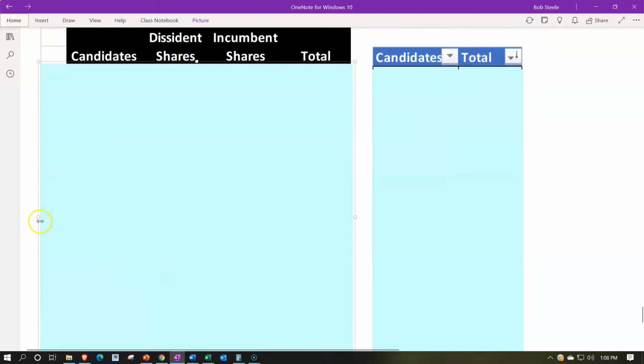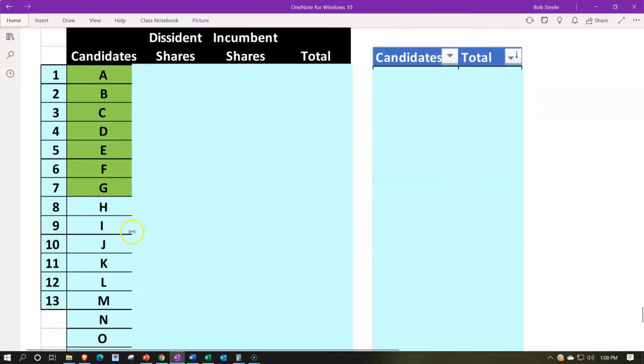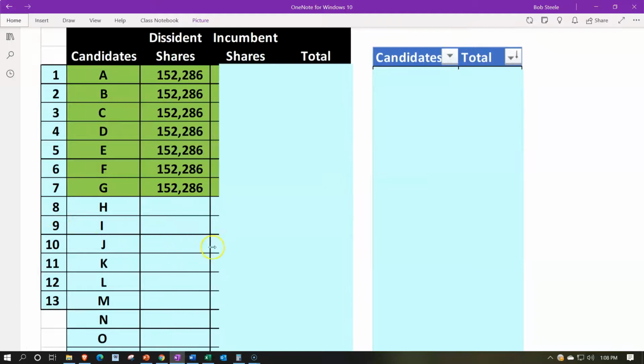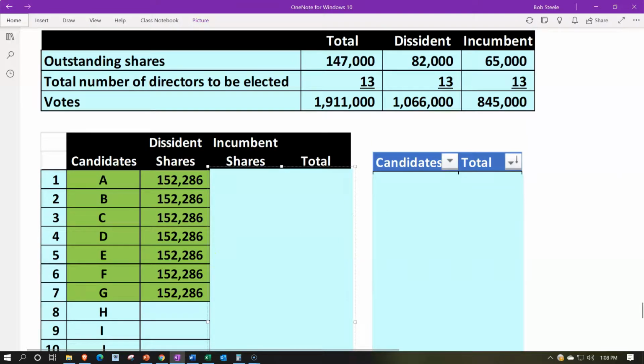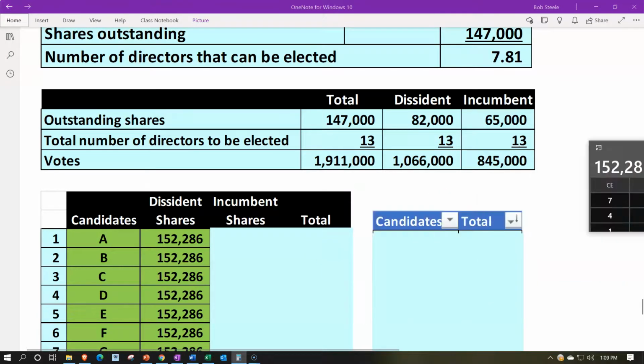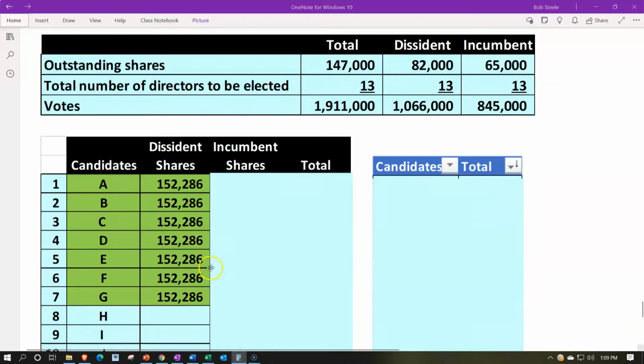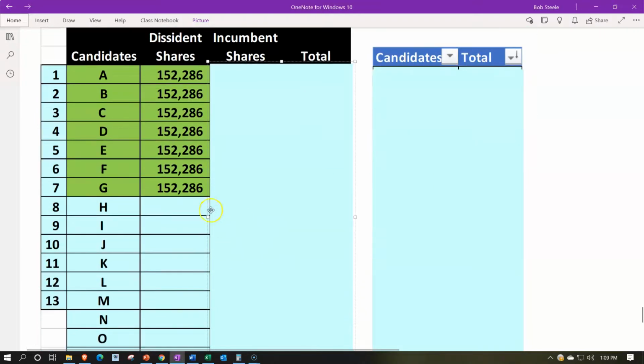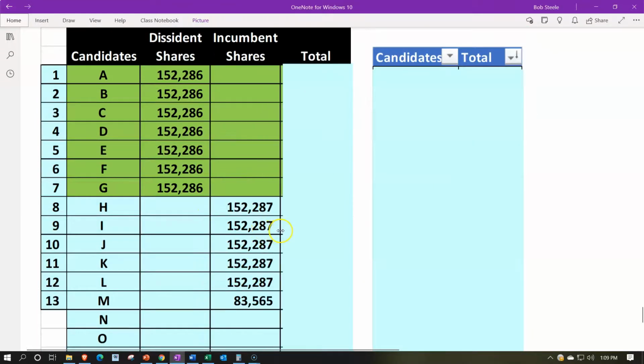So if we run our scenario, what are we going to do? We're going to take our candidates as the dissidents, take our votes and simply divide them out. So 1,066,000 divided by 7 people is 152,285. Those 7 people are our people. Then the incumbents are going to know our position now, so they're going to try to block us.